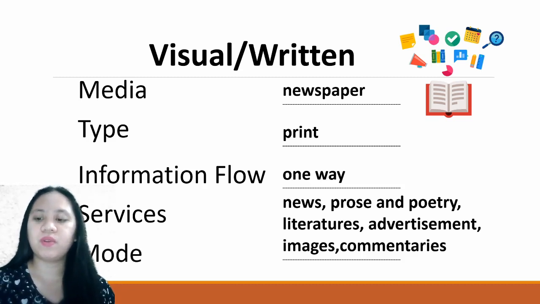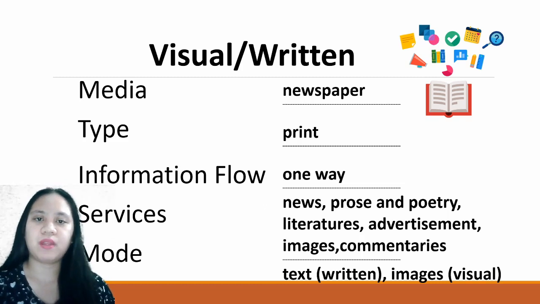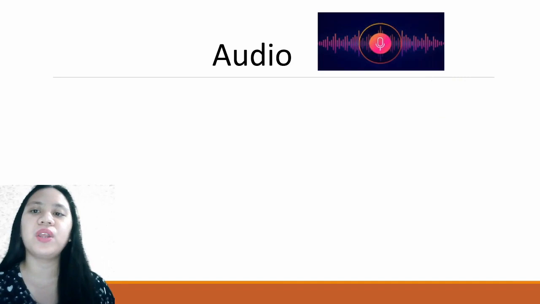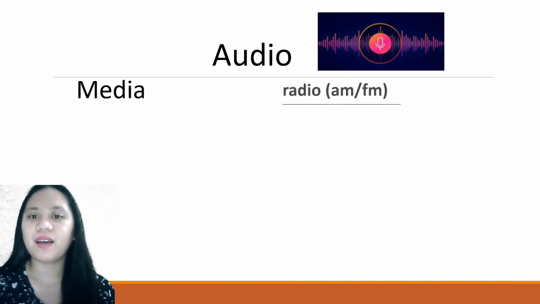Mode. What is the mode of the channel? This is text, written, images, or visual. The eyes are used here. Next, the audio. What media? Radio, which can be AM or FM.